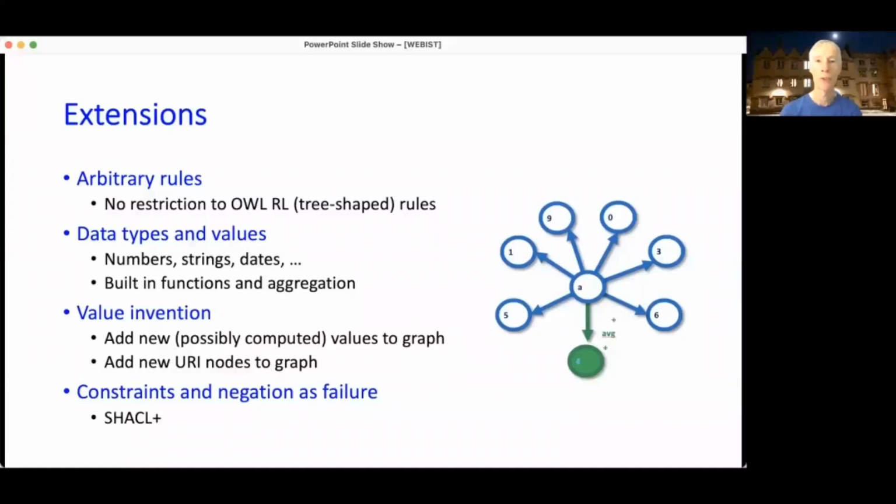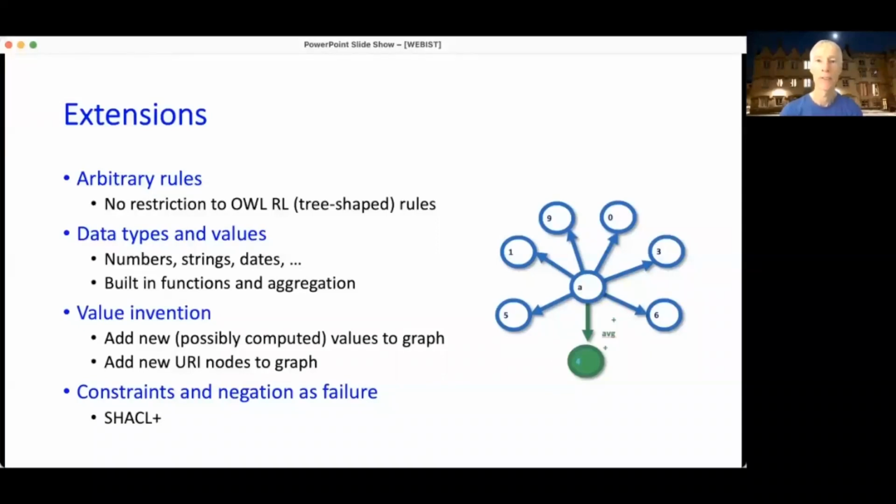Another important issue is data types and values. OWL supports all of the XML schema data types, but this support extends only to allowing types and values to be used in a similar way to classes and individuals. In realistic applications, it's often necessary not only to represent data values, but to manipulate and combine them using built-in functions for subtracting numbers, concatenating strings, accessing the year in a date, and so on.